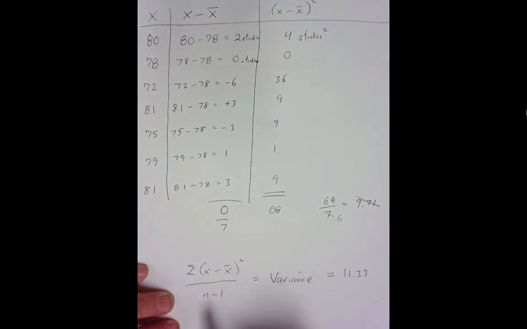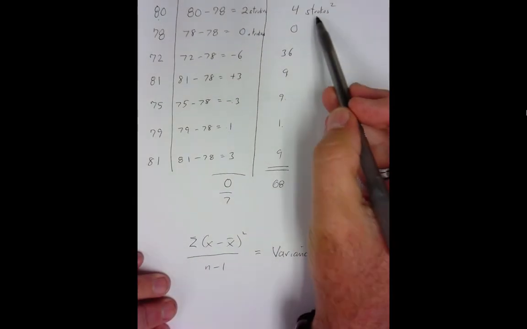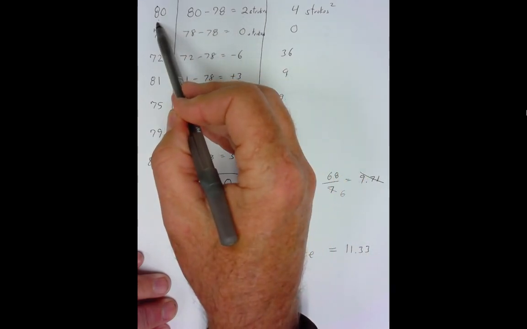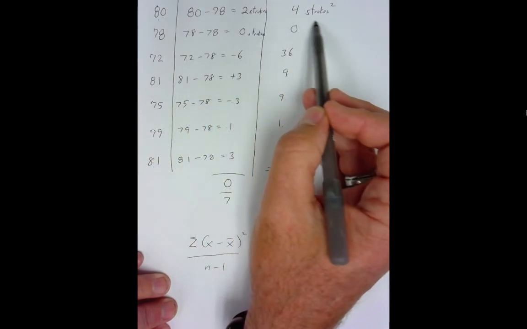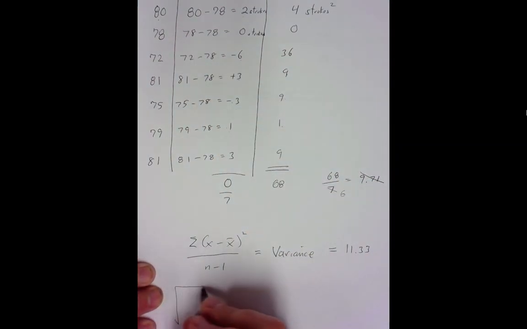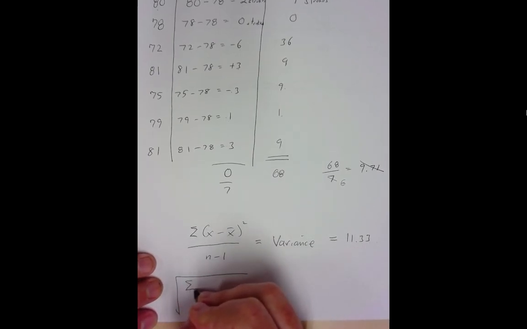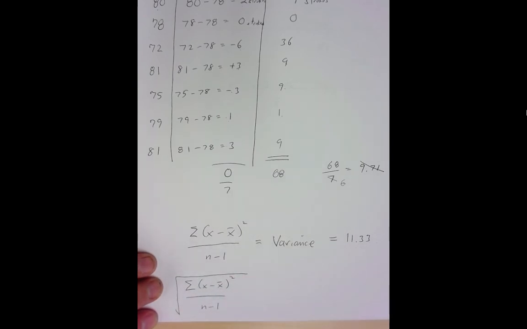So when we add all this stuff up and square it, what we end up with down here is 11.33 strokes squared. And the statisticians thought, well, that's kind of goofy to have a measurement in a different unit than we started out with. Well, we need to get this back to just strokes, and the best way to do that is to take the square root of this value.